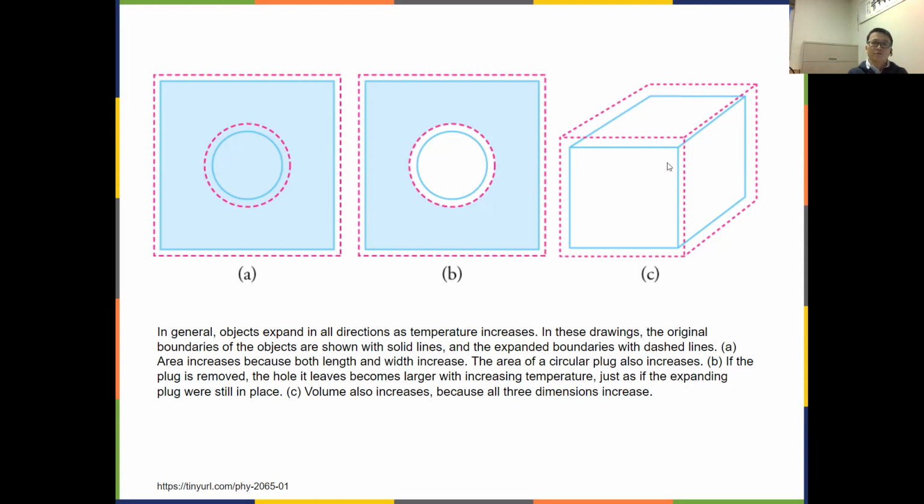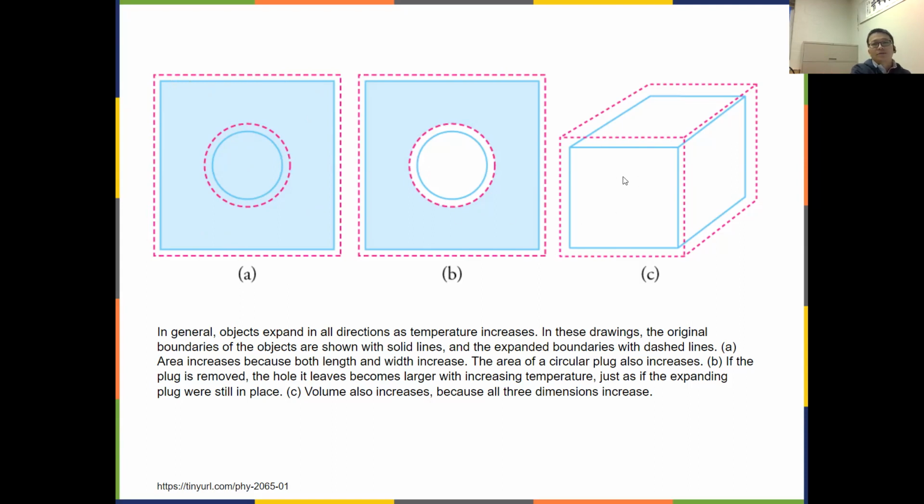And for three dimensions, it's the same case. If temperature increases, it will also increase in three dimensions, and the volume will increase. In this case, the expansion in the vertical and horizontal directions results in an increase of the total area, so we say there's an area increase. In this case, there's a volume increase.